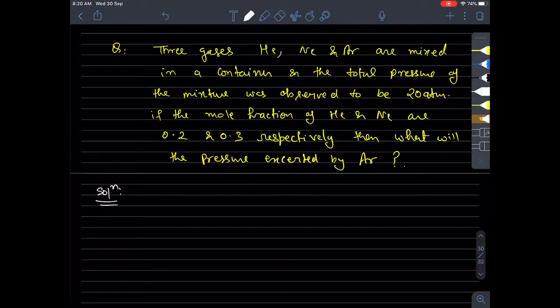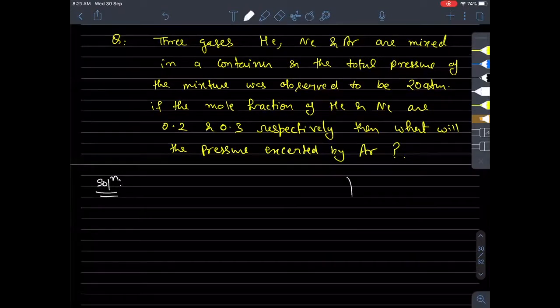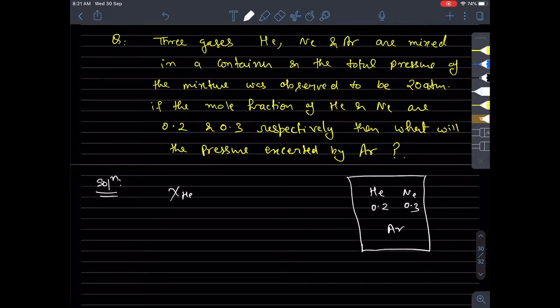Okay guys, so I think I should solve it now. Manasvi, did you get the answer? 10, sir. Good. So we have three gases, helium, neon and argon. Mole fraction is given as 0.2 and 0.3. As you know, the sum of the mole fractions of each component is 1.